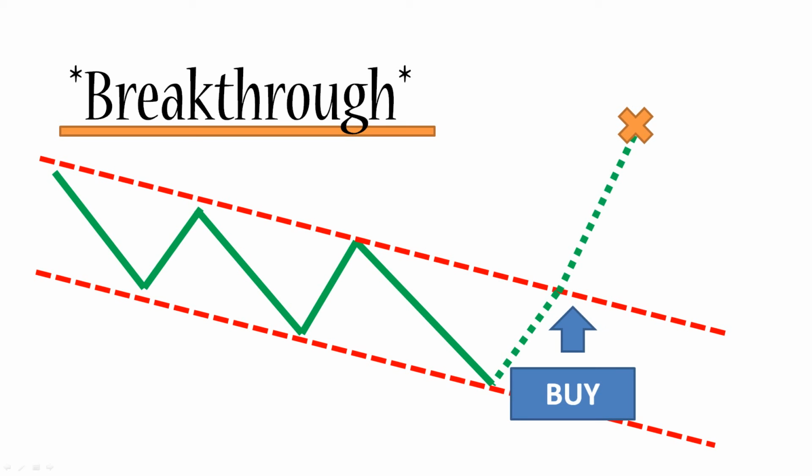You would use this strategy when your other analysis is telling you that this channel is getting too old and the price is going to break through it. So when a channel is quite new, there's more chance that the price will stay inside. When the channel has been around for a while, the chances of the price breaking out are constantly growing. Both strategies are valid. It depends on the situation and what your other technical analysis tells you.